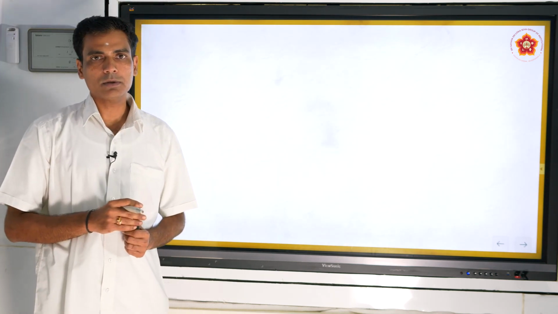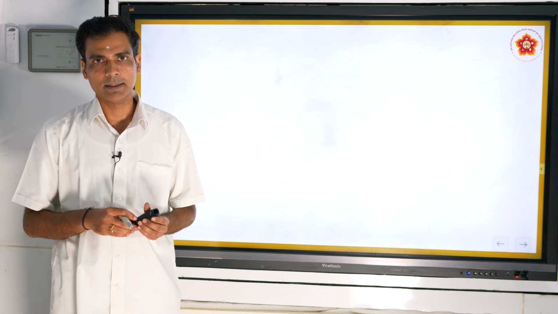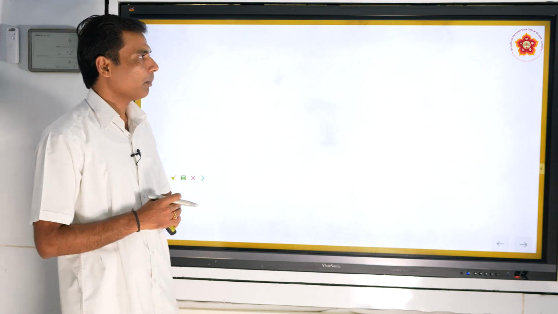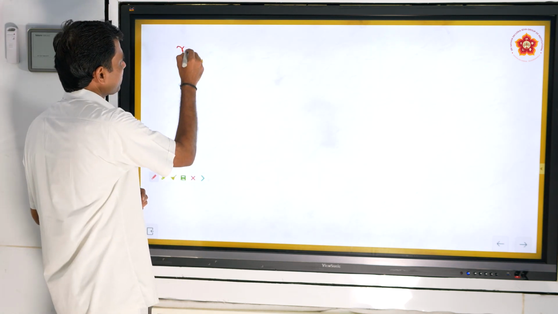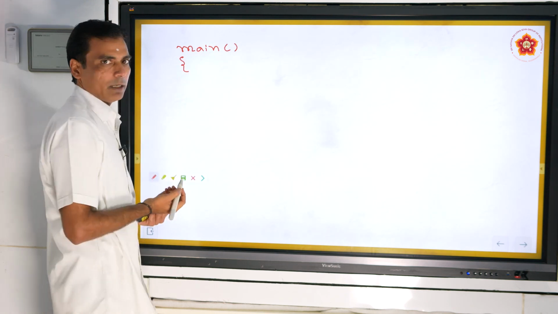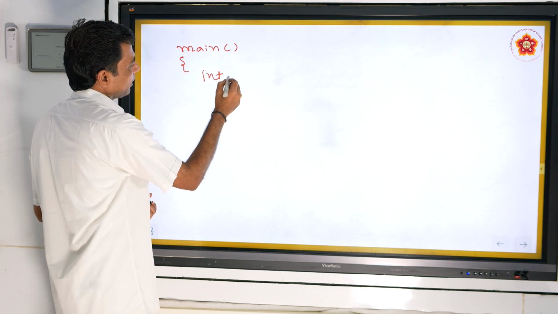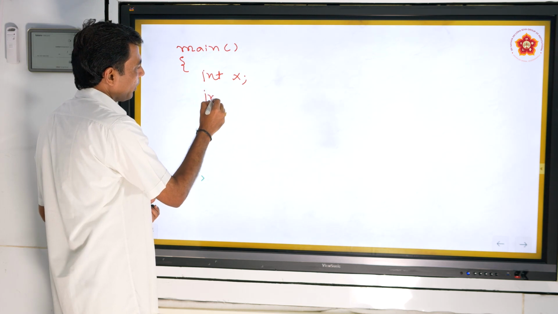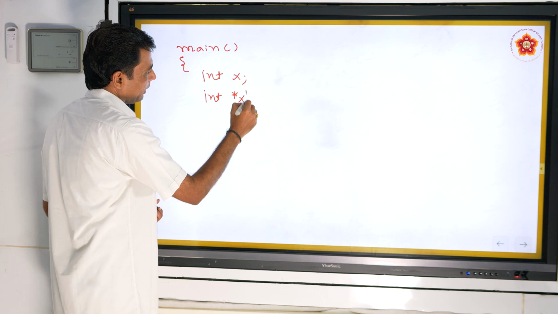Now I would like to demonstrate one complete program which makes use of pointers, so that later on we can work with pointer arithmetic very efficiently. It's a very simple program. We start with main and declare a simple variable x, and then I am going to declare a pointer, int star xptr.